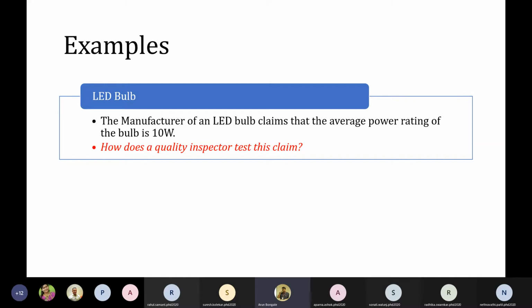Being a quality inspector or an end user, how do we check whether the claim made by the manufacturer is right or wrong, whether it is a valid claim or not?